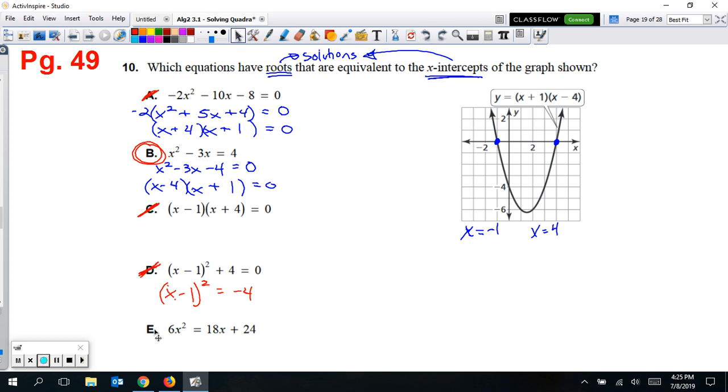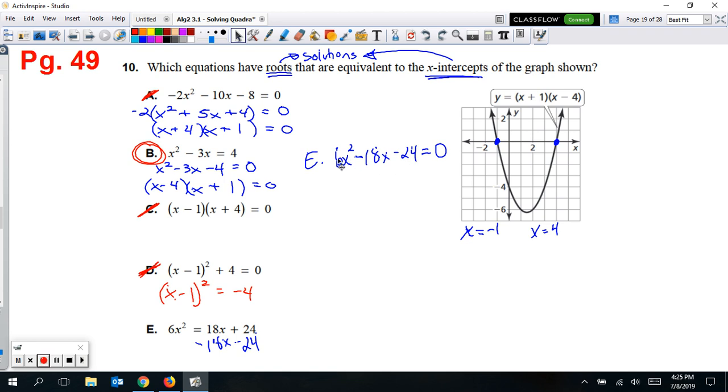Let's try E last here. Now this one, let's get this equal to 0. So first thing to do is just subtract 18x, subtract 24. So we could do that. And I'm going to finish it up here where there's more space. So I'm going to start off with 6x squared minus 18x minus 24 equal to 0. So there's a trinomial.